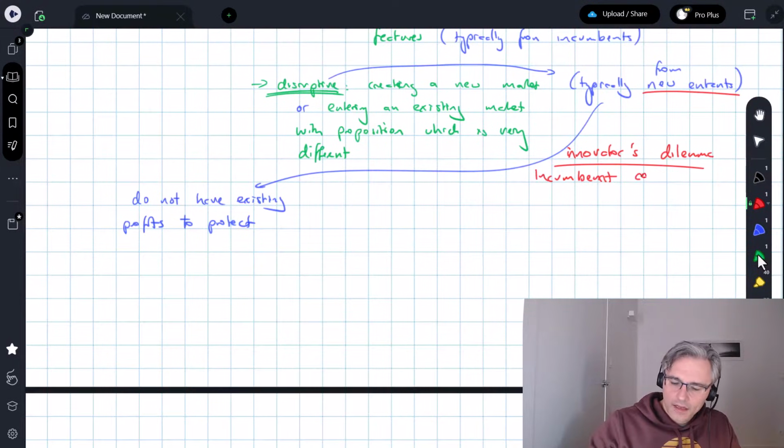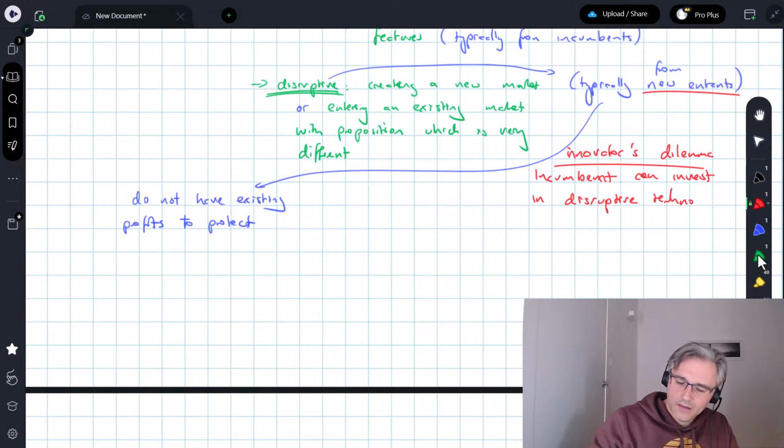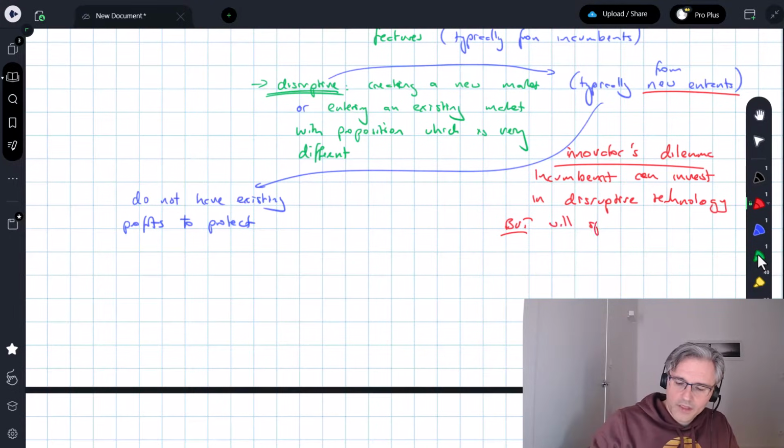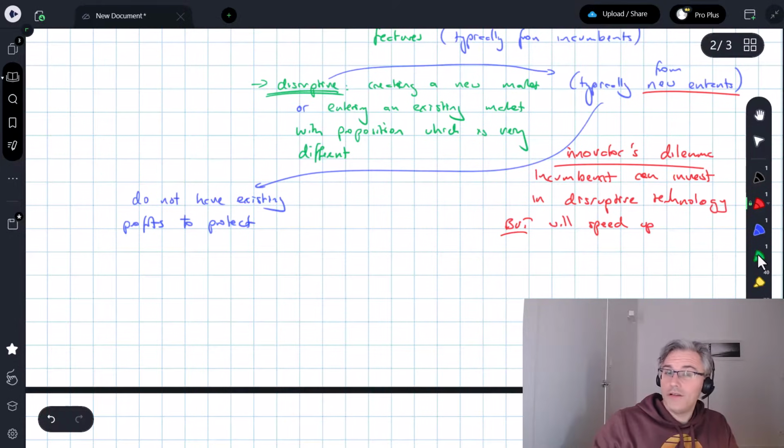They can absolutely invest in a disruptive technology, but they're less inclined to do so because if they develop this disruptive technology, this will speed up the decline of their existing business.